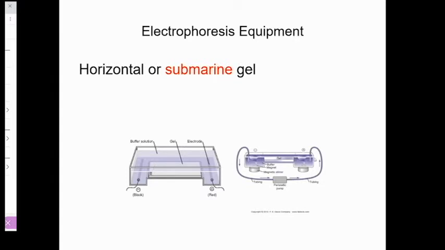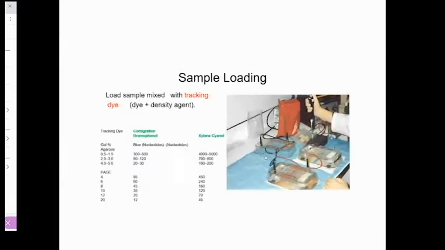After you put the gel in and set everything up, you put this into the power pack to provide the electricity, to make the gel run and the DNA migrate. So this is the actual gel box that you can see.